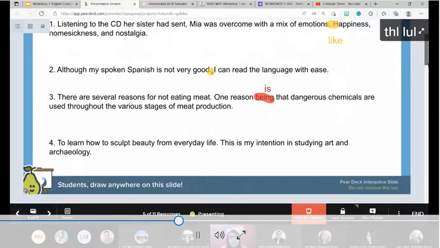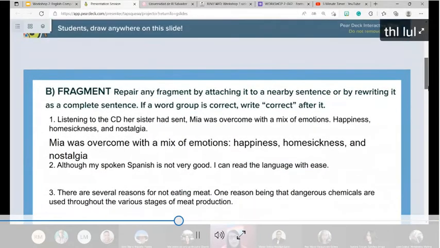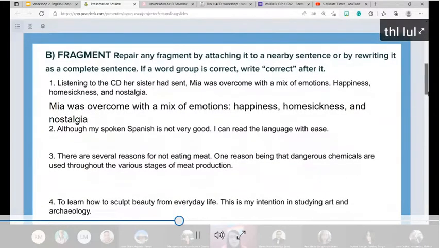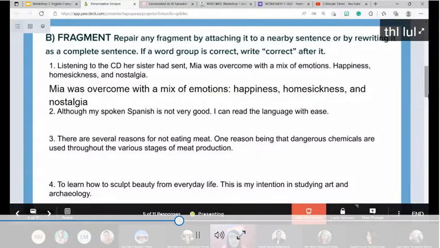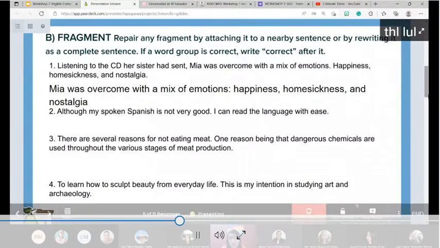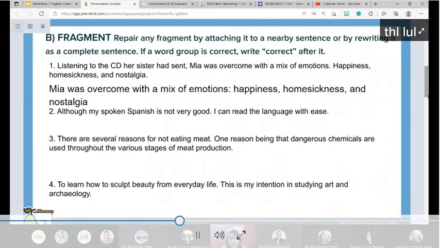Okay, how about it? Right, let's see. Check the first one. Mia was overcome with a mix of emotions: happiness, homesickness, and nostalgia. We fixed the fragment and we made it part of our sentence. Mia was overcome with a mix of emotions.